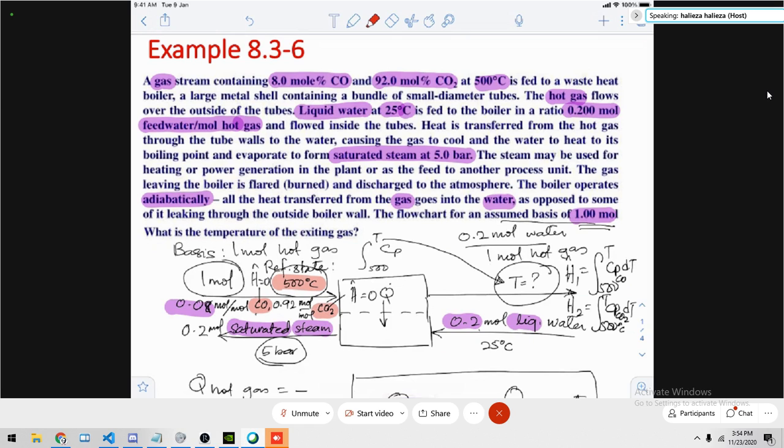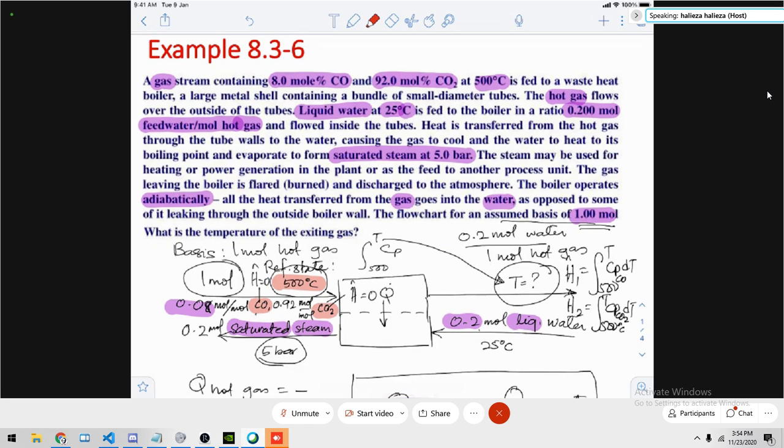Right now, we do not look at it because we're just heating up and cooling down. But once you have a change of phase, then it becomes more complicated. Okay, guys, thank you very much. Which means we're going to use the hypothetical path concept a lot? Yes, we do.